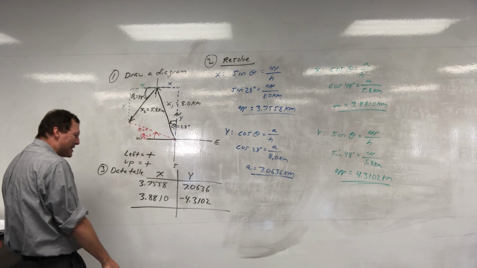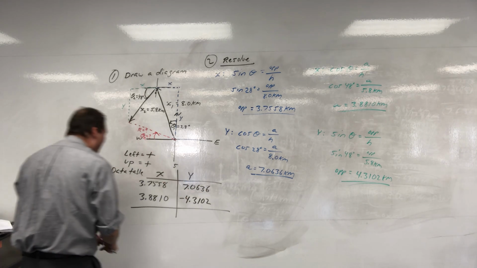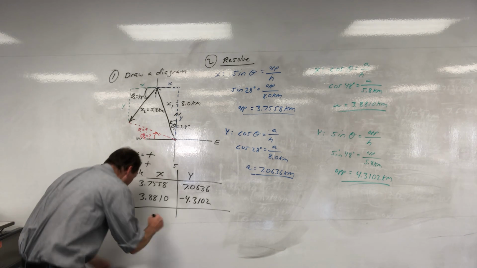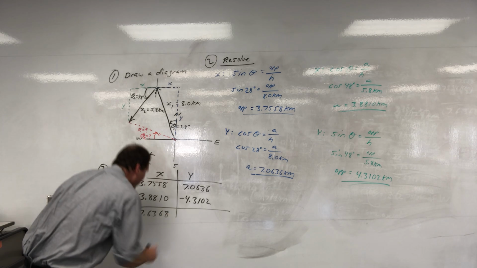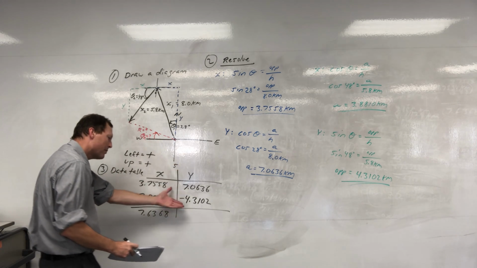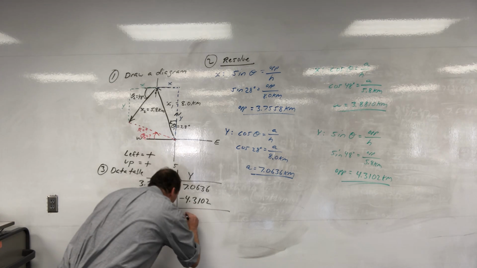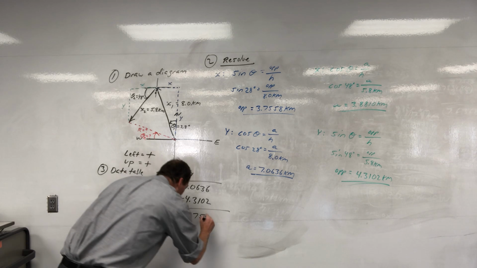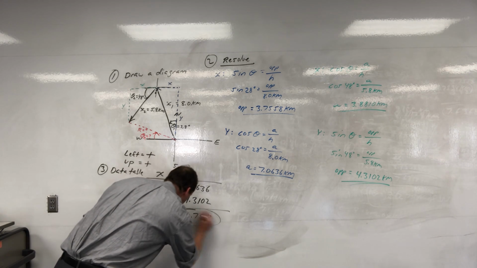Now I want to add these up. I want to add up my x's, I want to add up my y's. So when I do that, I get 7.6368. And when I add up the y's, basically I'm subtracting here, is 2.753. So I'm going to go ahead and circle those because those are going to be important numbers.